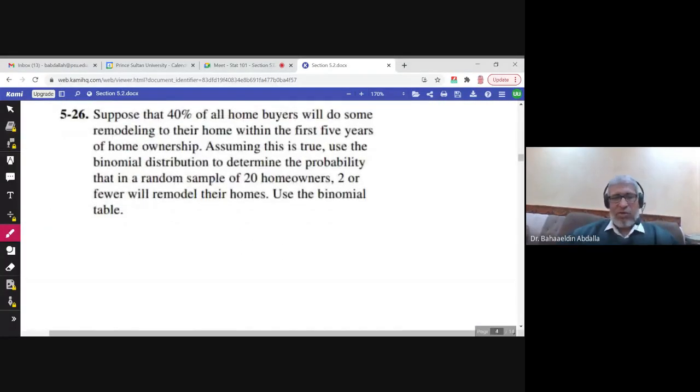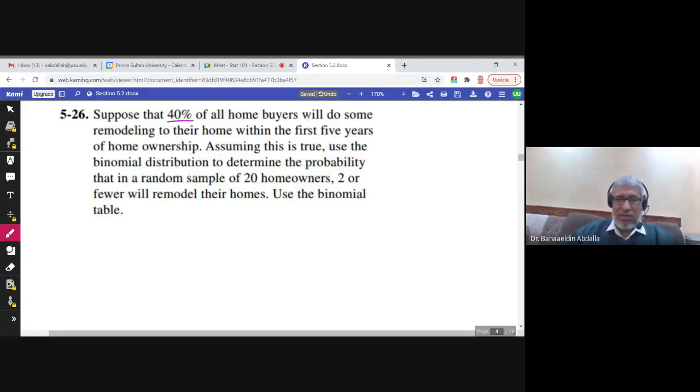We start with question 5.27. Suppose that 40% of all home buyers will do some remodeling to their home within the first 5 years of home ownership. Okay, so 40% is a percentage of something. What is this thing here?